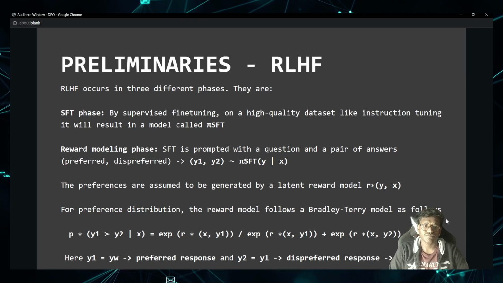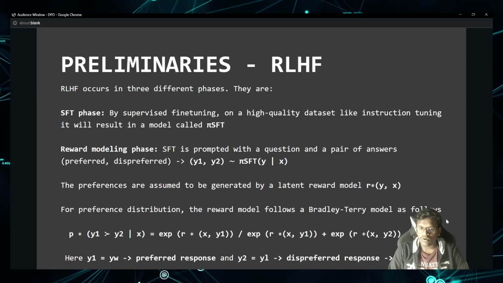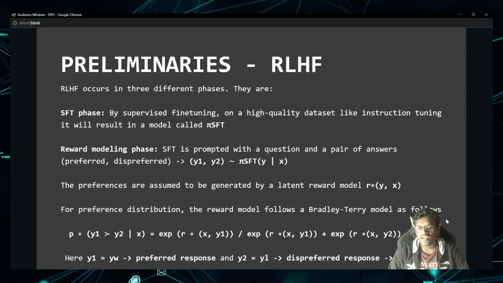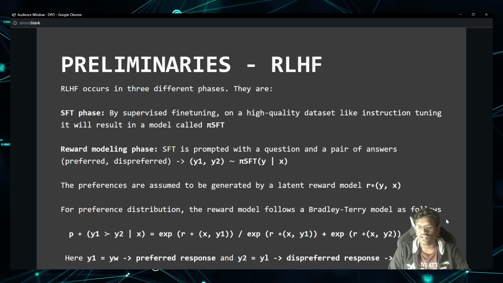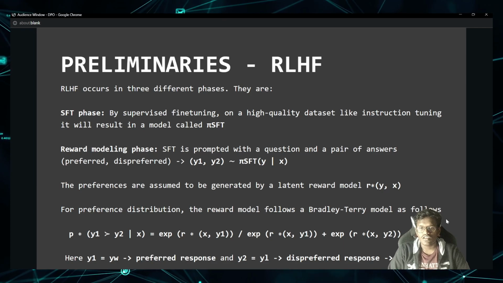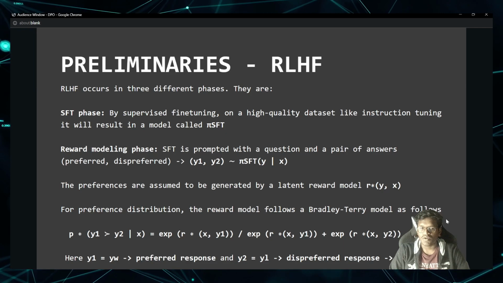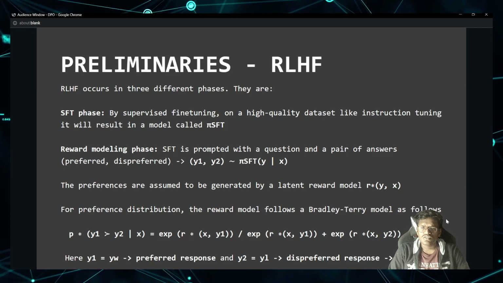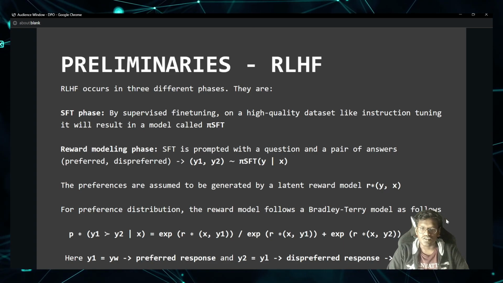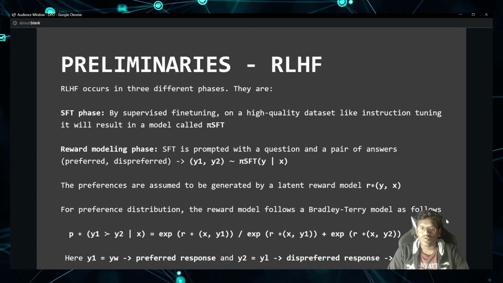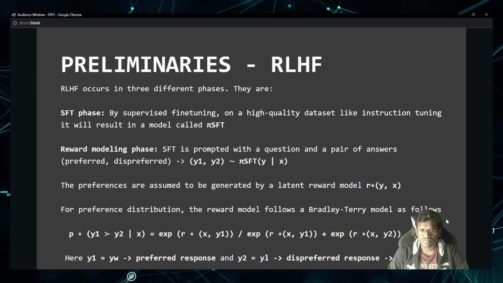So remember this. In the reward modeling phase, which is the second phase, the SFT model will be prompted with a question and a pair of answers. The question might be your prompt, or generally a command like summarize the following. The pair of answers will be such that y1 will be preferred and y2 will be dispreferred, so y1 is greater than y2 in terms of preference.